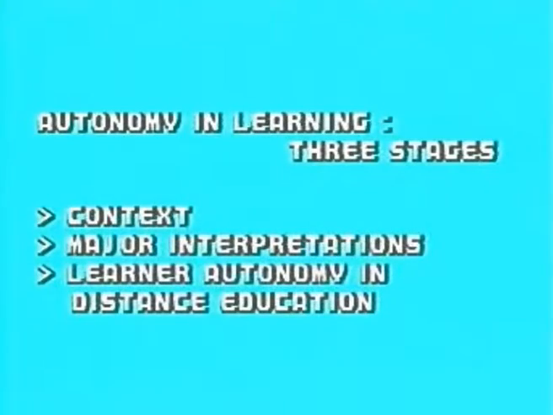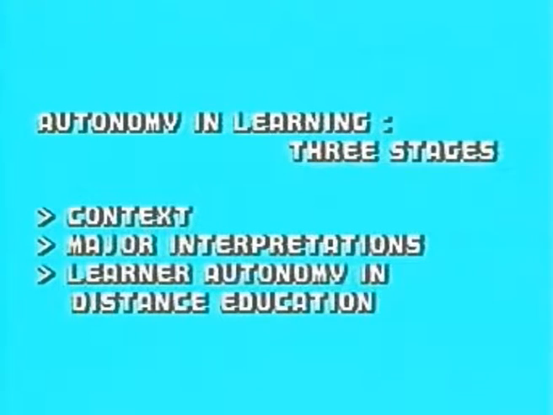Now, to understand this concept in the context of distance education, it is best that we talk about it in 3 stages. At the first stage, we talk about the context in which we shall understand this concept clearly.